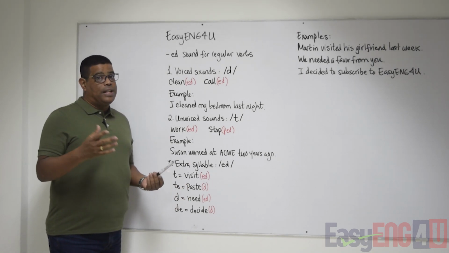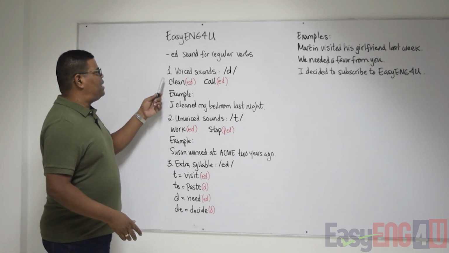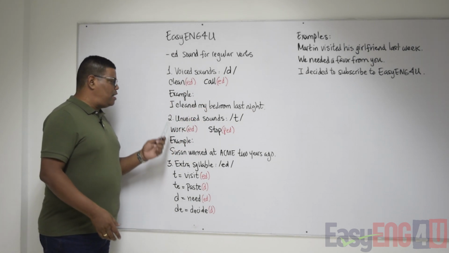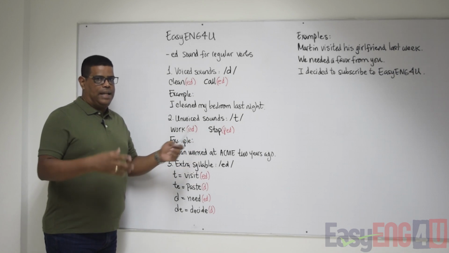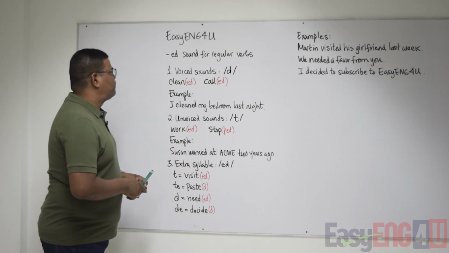So the first rule that you need to know is that there are some sounds that we say are voiced sounds, okay? The other ones are the unvoiced sounds, and now let's make the difference between the first one and number two.